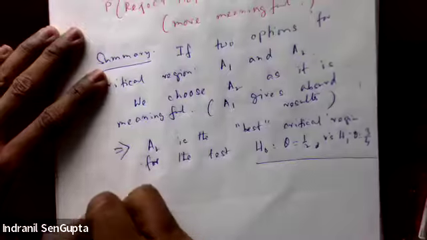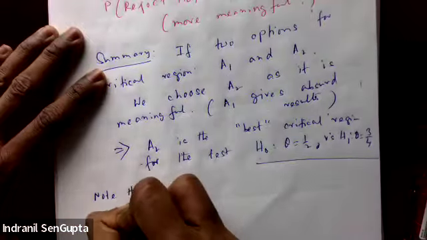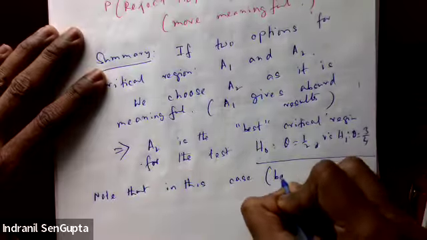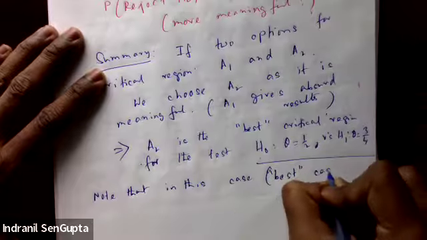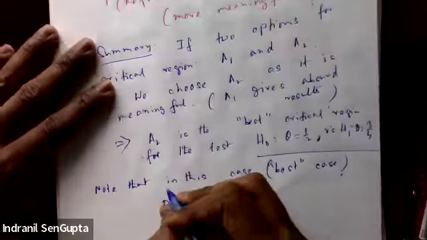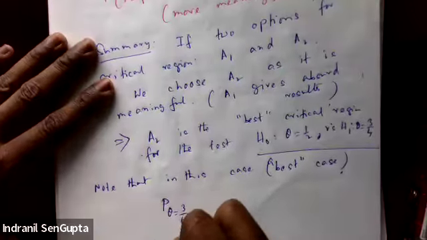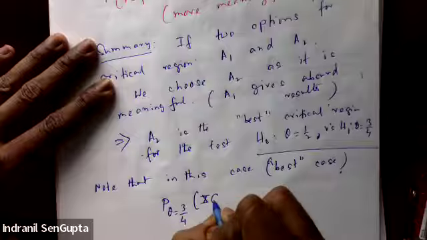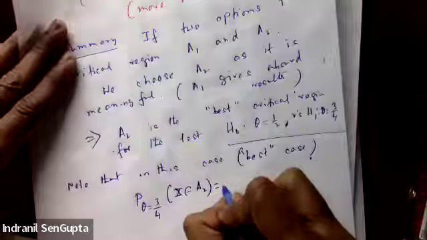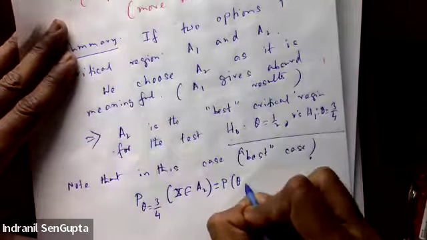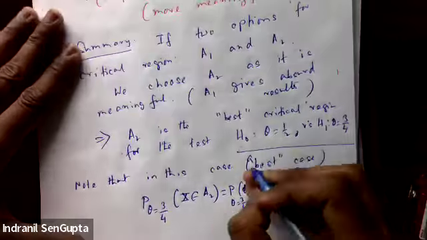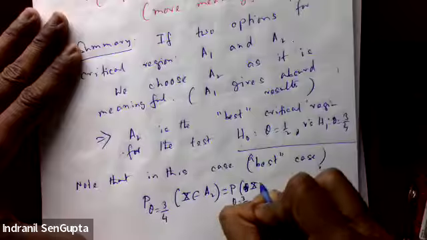Final observation, note that in this case, for the best critical region, we also have the following. If I compute the probability of theta equals 3 over 4 of X in A2, basically this is the probability with theta equals 3 over 4 that X in A2 means X equals 5.